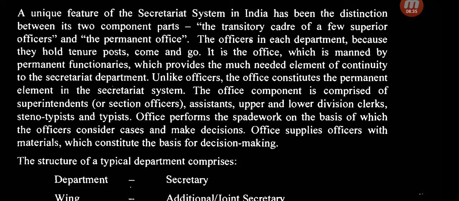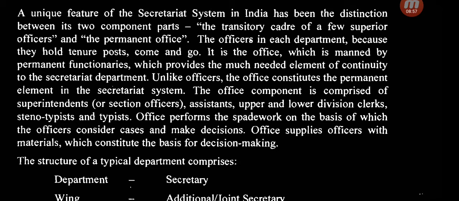The officers in each department, because they hold tenure posts, come and go. It is the office, which is manned by permanent functionaries, which provides the much needed element of continuity to the secretariat department. Unlike officers, the office constitutes the permanent element in the secretariat system.